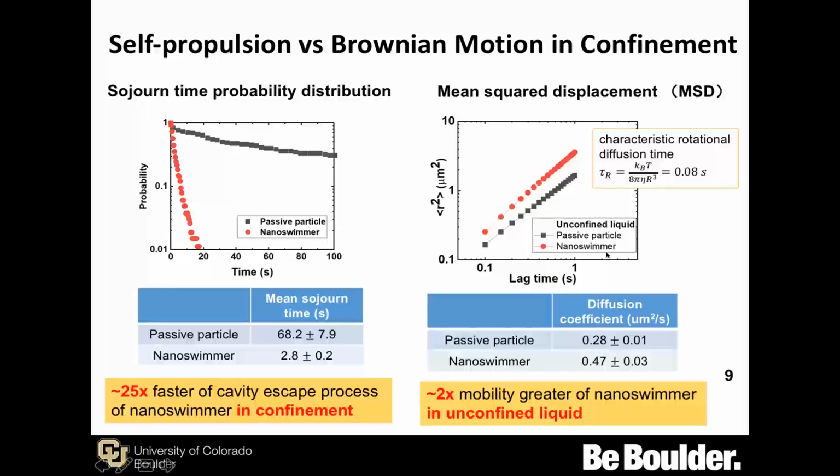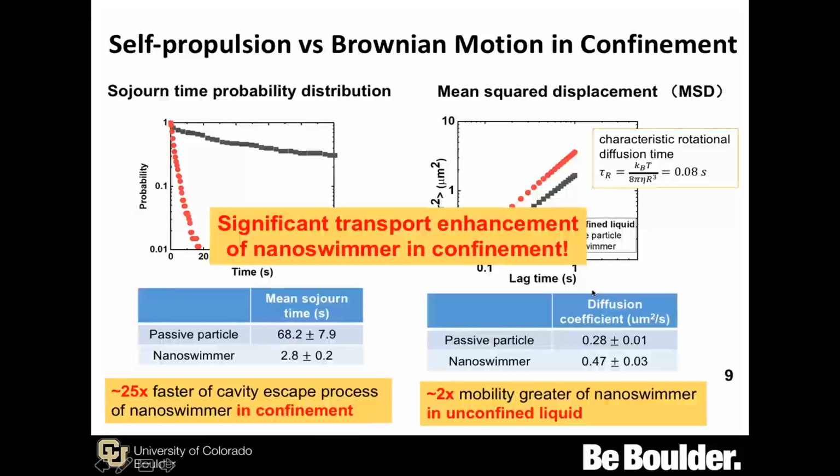So this study is first in the unconfined liquid. What we found is that, yes, the Nanoswimmer should move faster than the Brownian particle, and in the unconfined liquid, it's only 2 times faster. But if we put it in this confined environment, we see a significant transport enhancement.